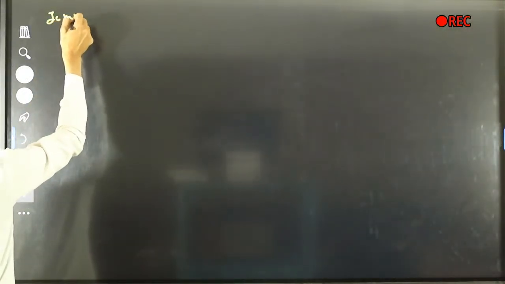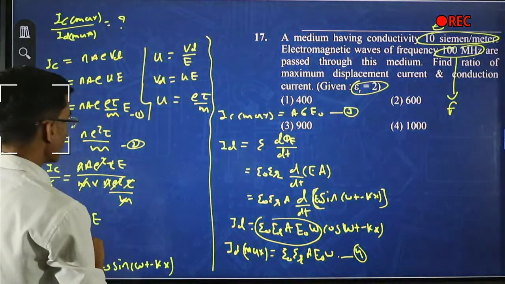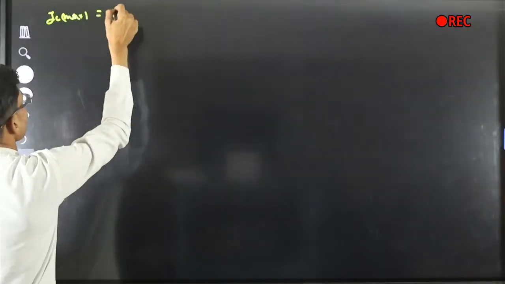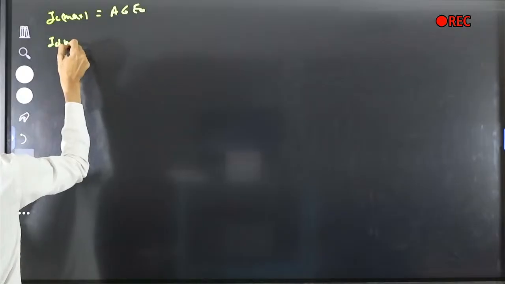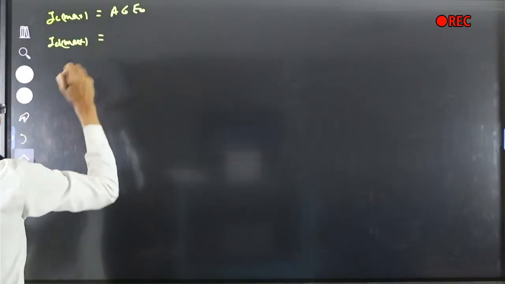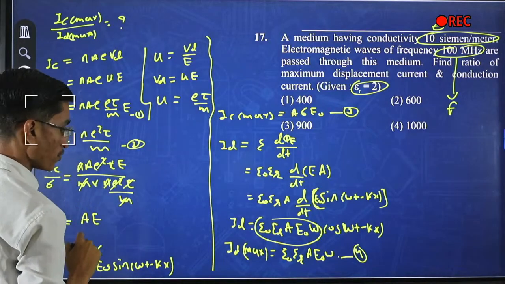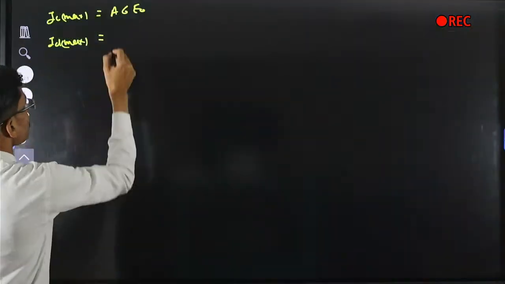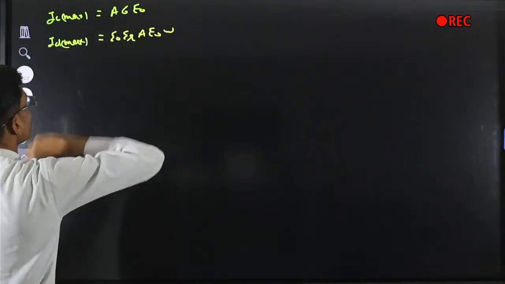So IC max is equal to A sigma E naught, and ID max is equal to epsilon naught epsilon r A E naught omega.